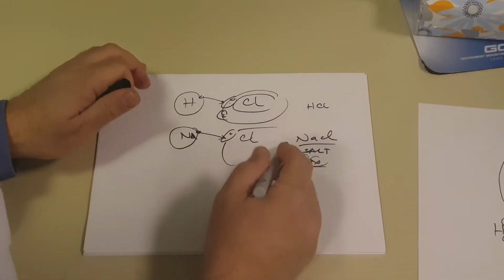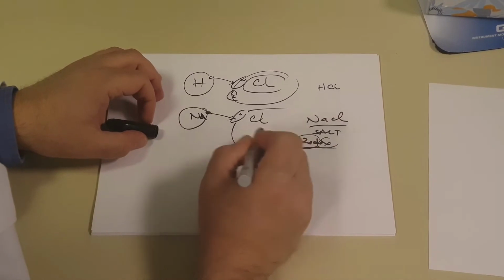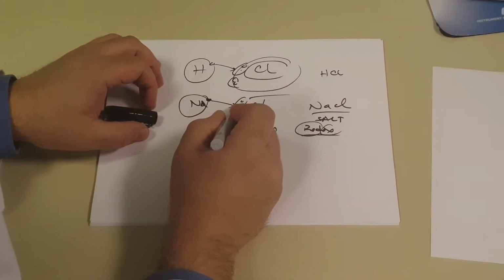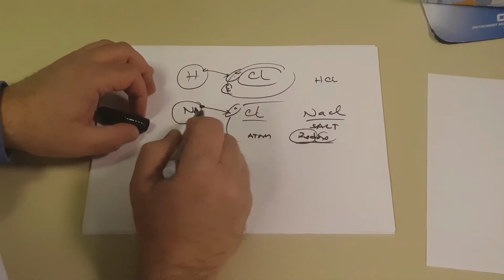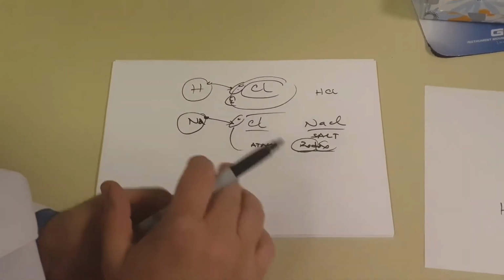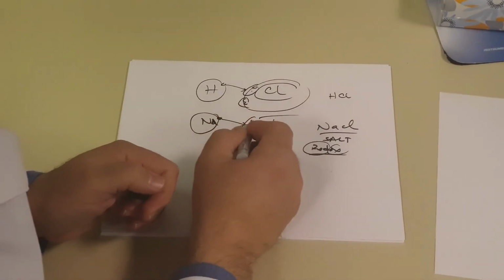Okay, so this atom, that's the chlorine atom, when it doesn't have an electron, it is in a state whereby it's agitated. It needs an electron, so it's looking for an electron to satisfy its outermost layer.